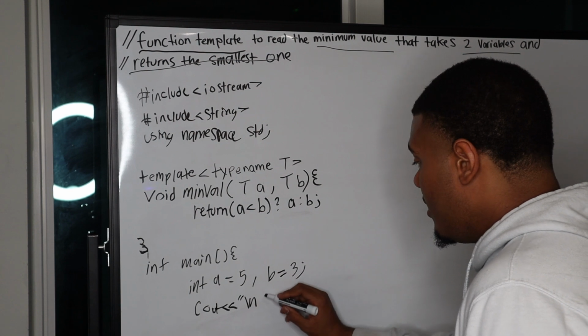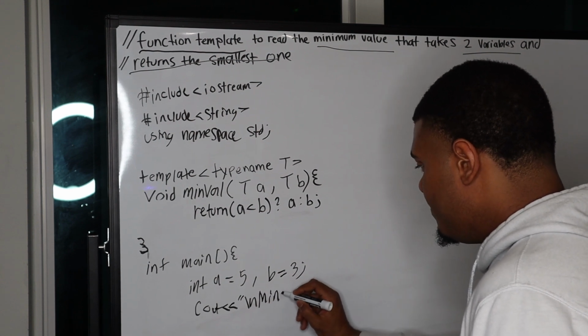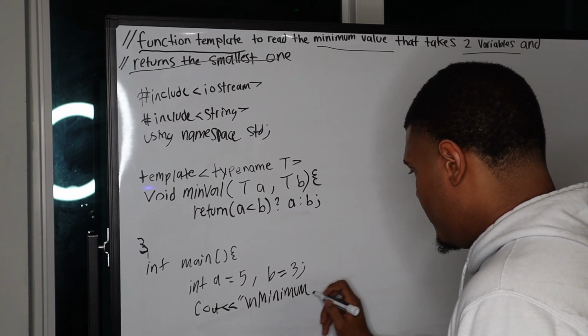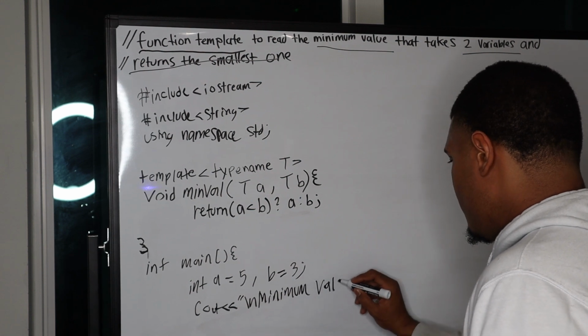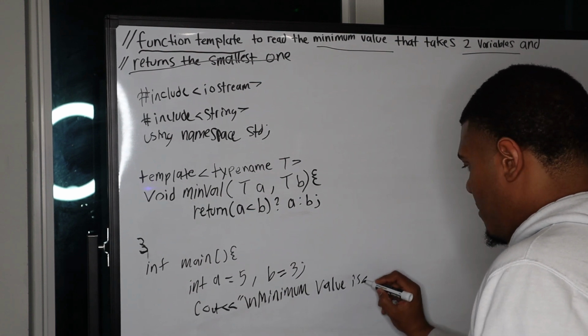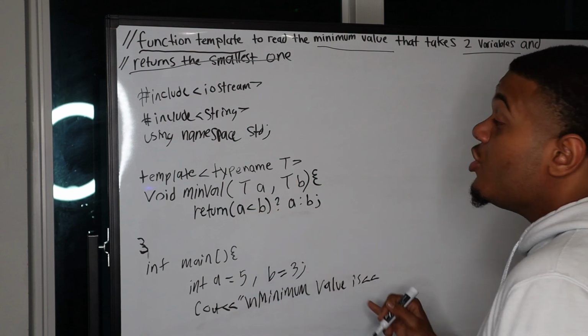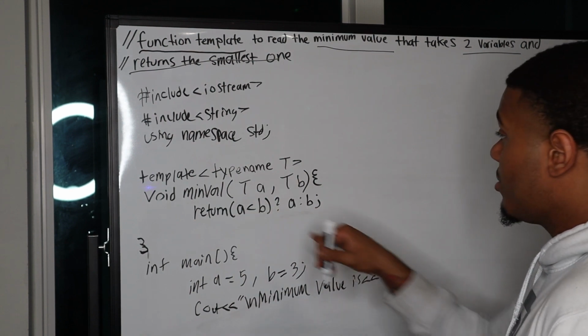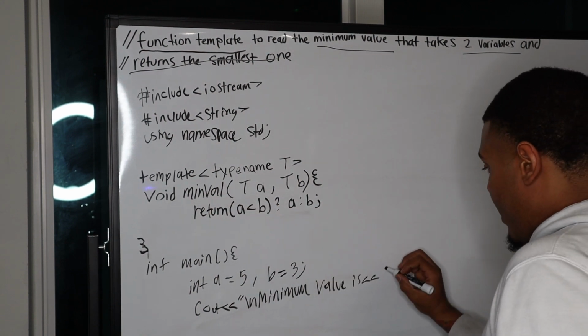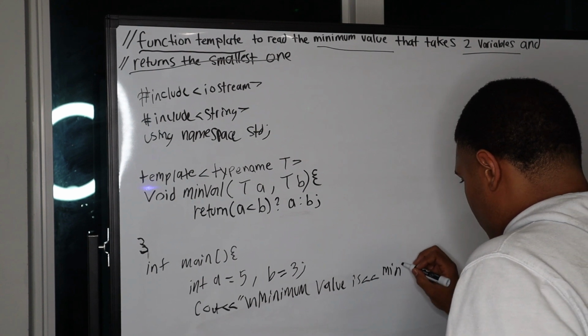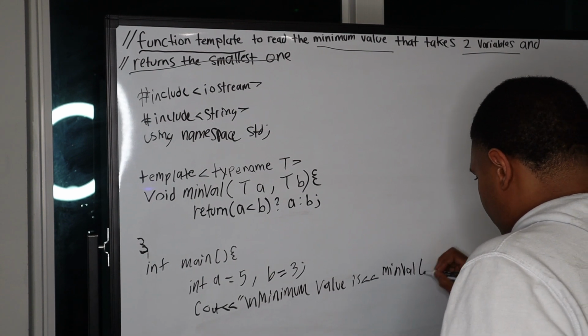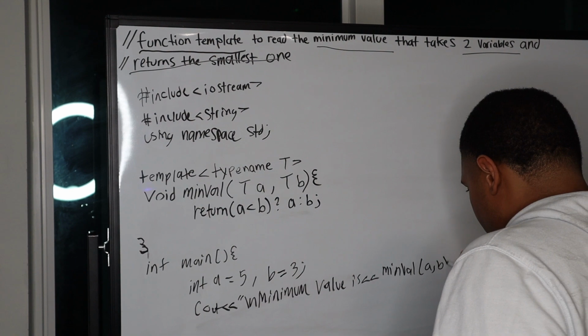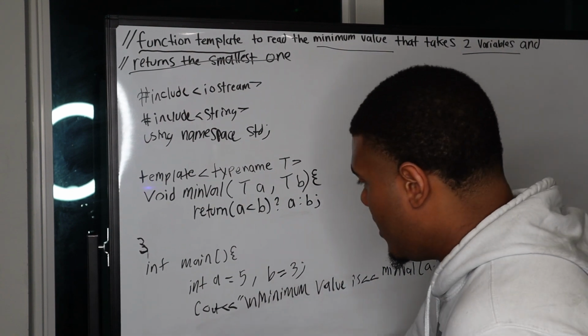Next line, minimum value is, and we gotta call it. So you want it to go through this. So minVal, we gotta call the minVal of a and b. Close them, and let's do another one.